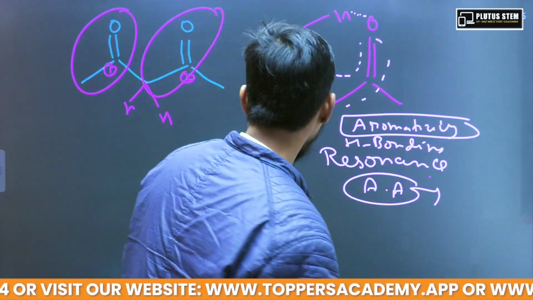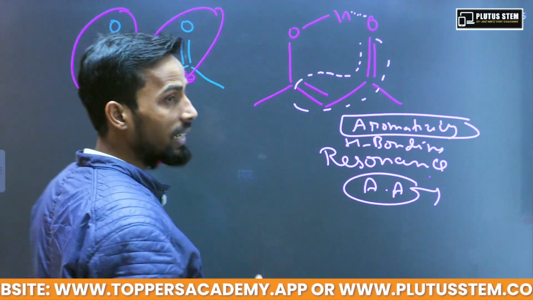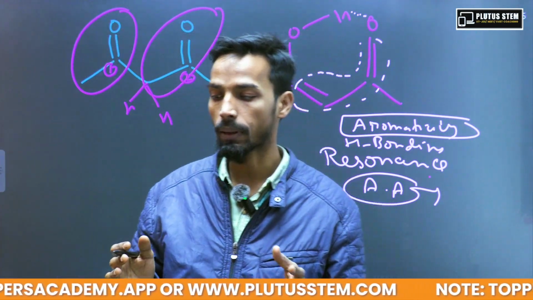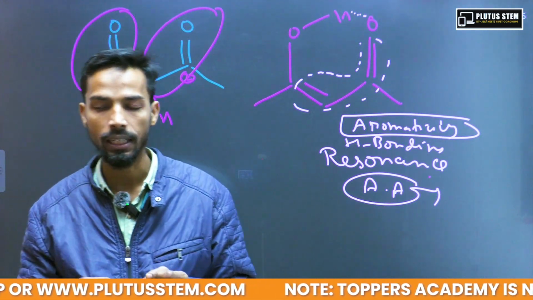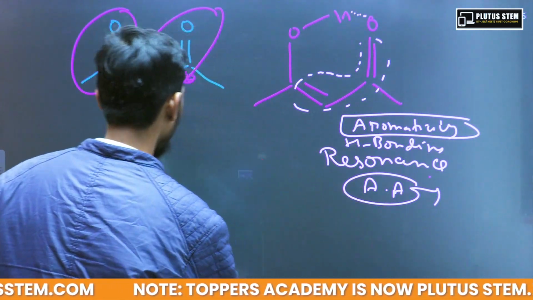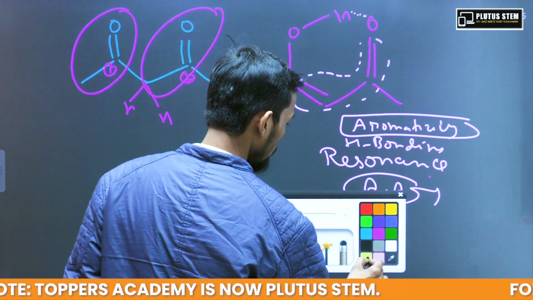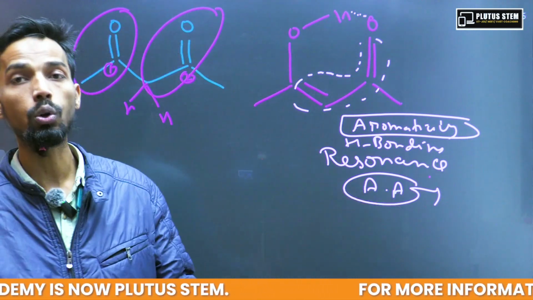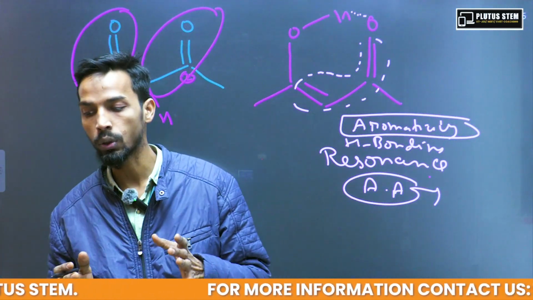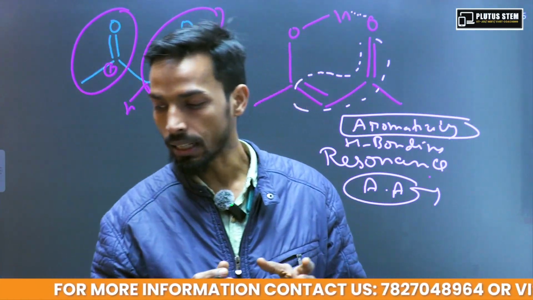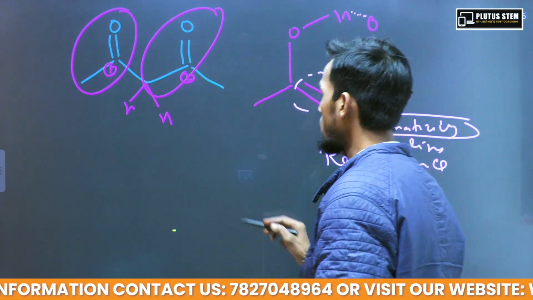The major yield will be, if we look at the percentage content, the keto percentage and enol percentage in such type of compound. So we can say over here, because we know that ketones are more stable than enols.